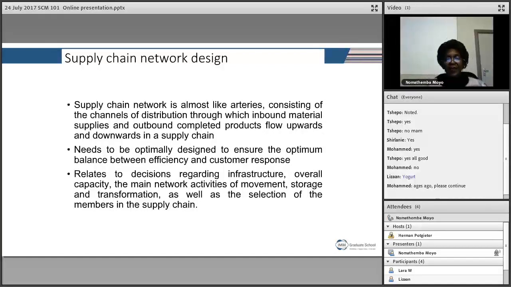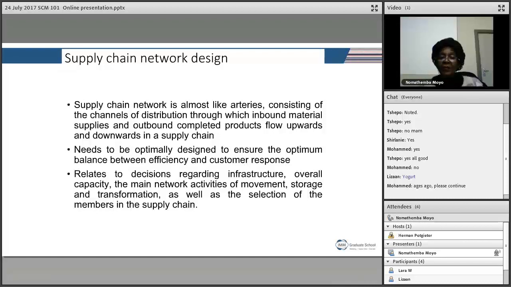Then we talk about supply chain network design. How is it designed? Supply chain network design is almost like arteries, veins, consisting of the channels of distribution through which inbound material supplies and outbound completed products flow upwards and downwards in the supply chain.